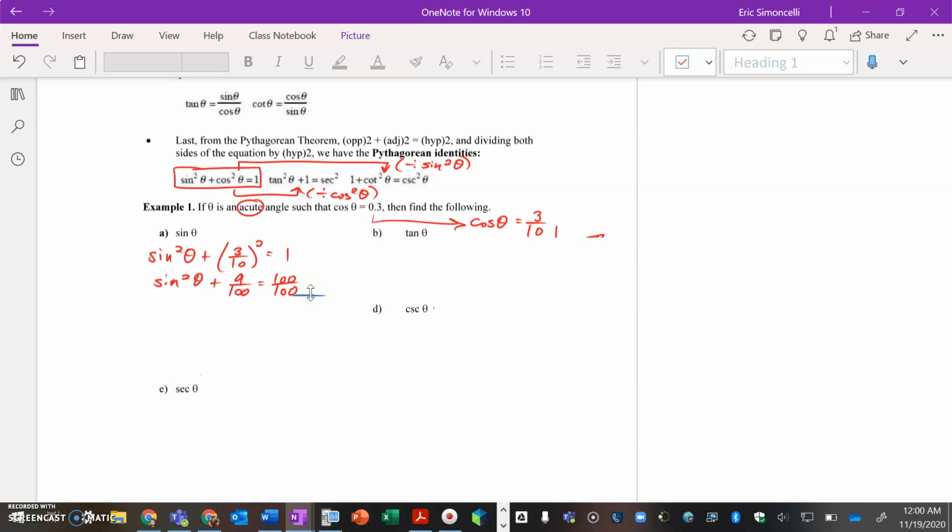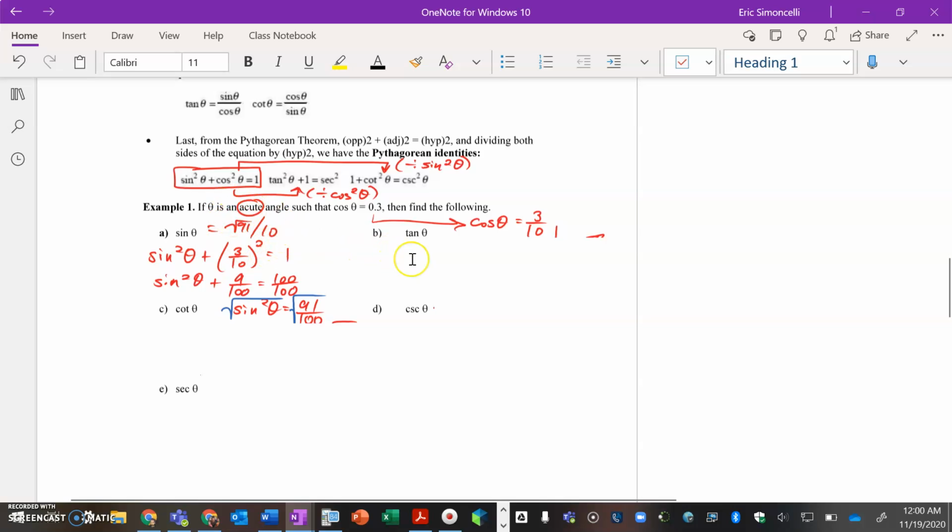On the other side of the equation, I got a common denominator of 100 because now I'll subtract 9/100ths from both sides to get what? 100 minus 9, and you see there we've got 91 over 100. The square root of both sides ends up with a result as such: the square root of 91 over 10. The square root of 100, of course, ends up being 10. So the sine of theta is just that.